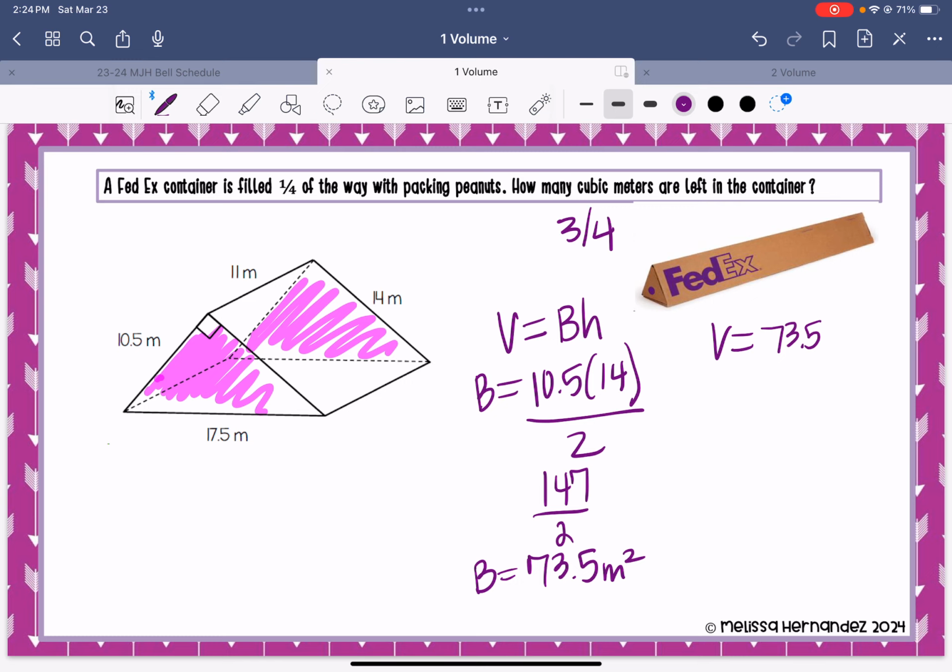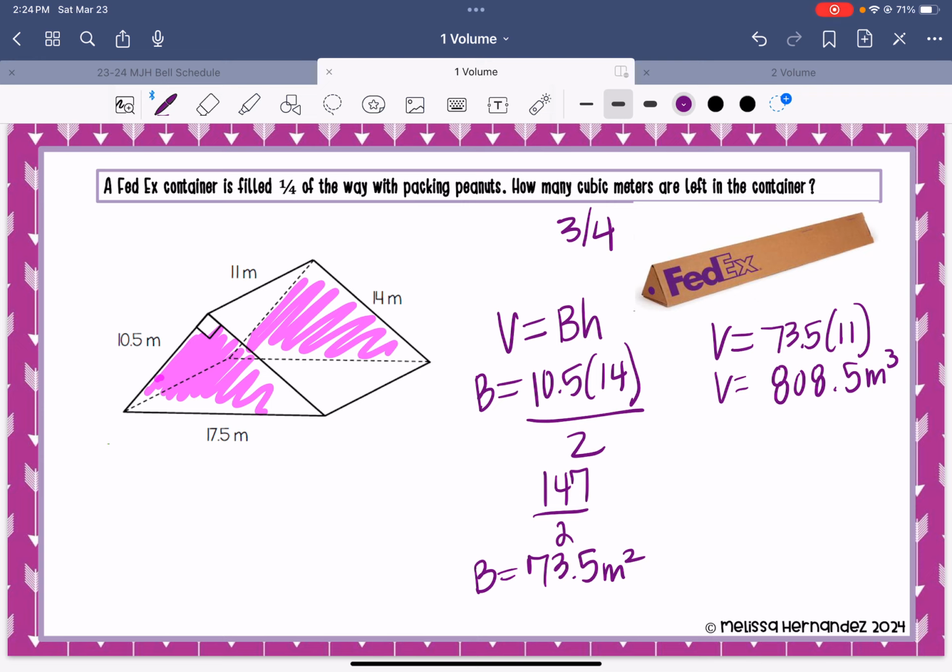Times it by height, which is 11, because it's the distance between the bases. It will give me 808.5 meters cubed. However, I only want to know 3/4 of that.